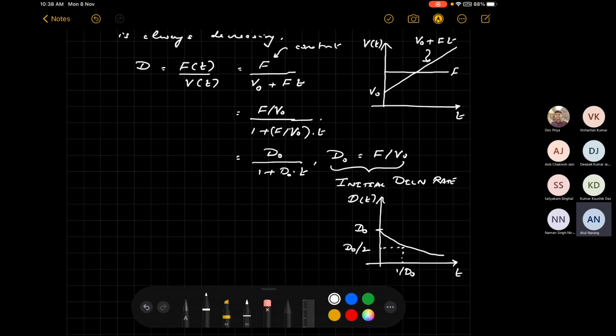If you put time equal to 1 over D0, then what you will get is essentially D0 divided by 2.